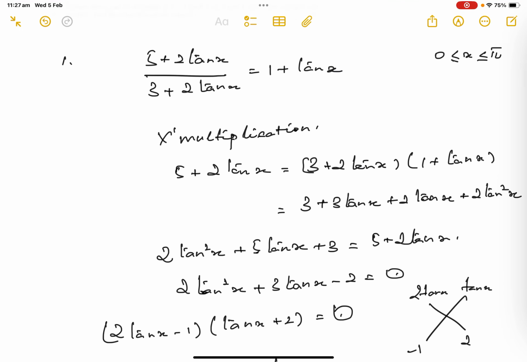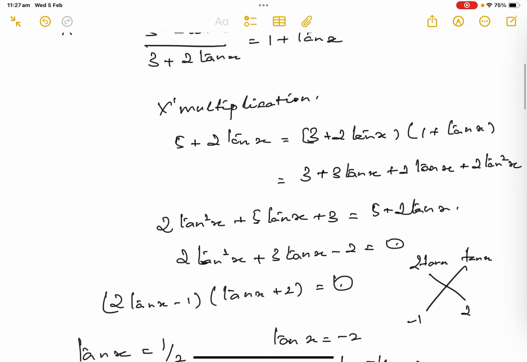(5 + 2 tan x)/(3 + 2 tan x) = 1 + tan x. If we do the cross multiplication, you have on the left hand side 5 + 2 tan x, and on the right hand side (3 + 2 tan x) times (1 + tan x). Then expand it.